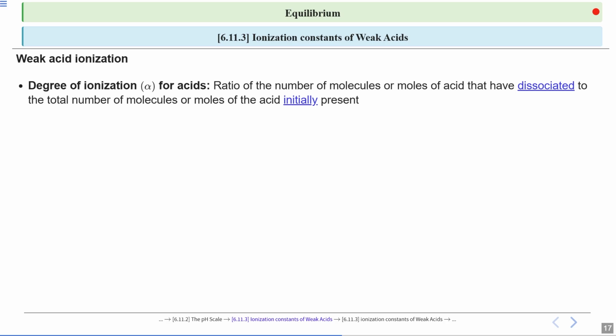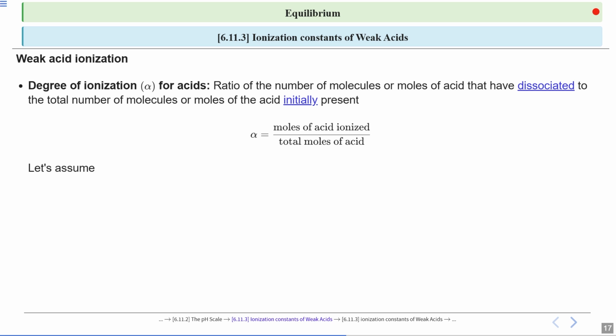Similar to that, we have this fraction of the ionized part. We have a fraction for the dissociated part, which is simply the dissociated number of moles in the numerator, with the total number of moles in the denominator. So we can define a formula for alpha, the degree of ionization, as moles of acid ionized divided by the total moles of acid.